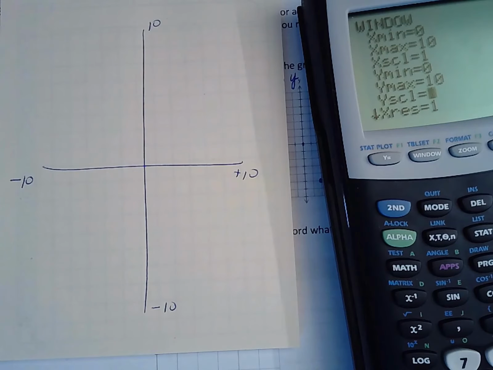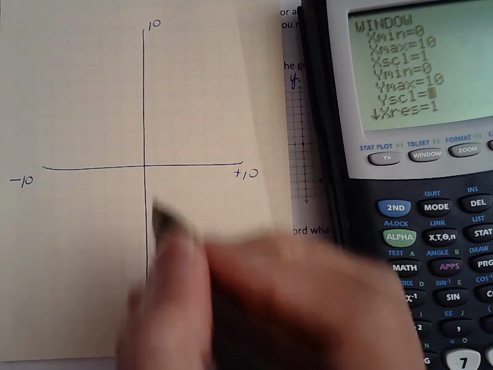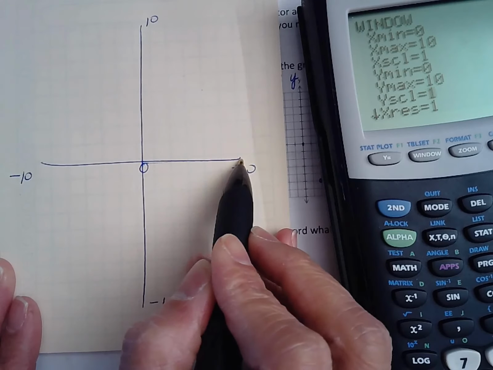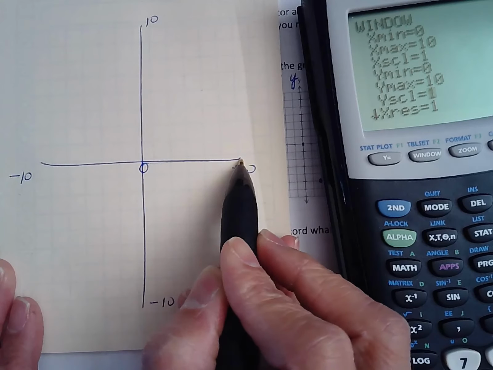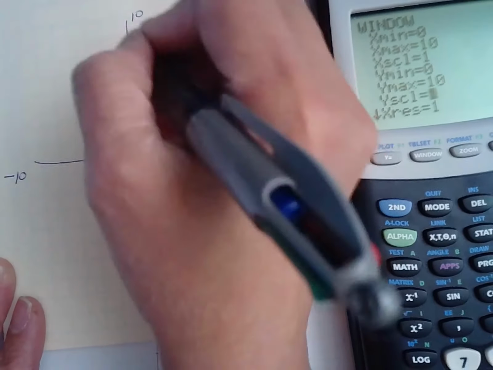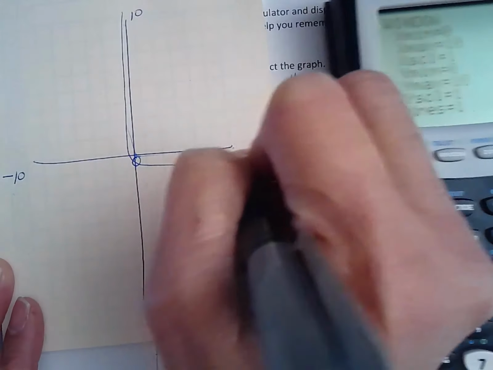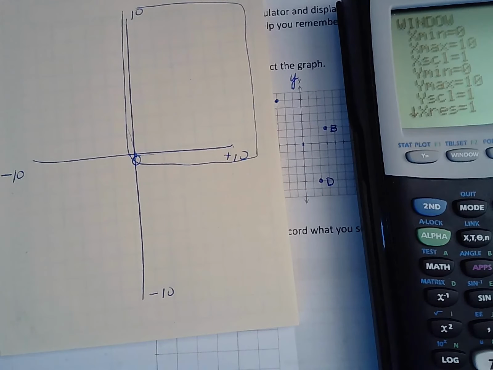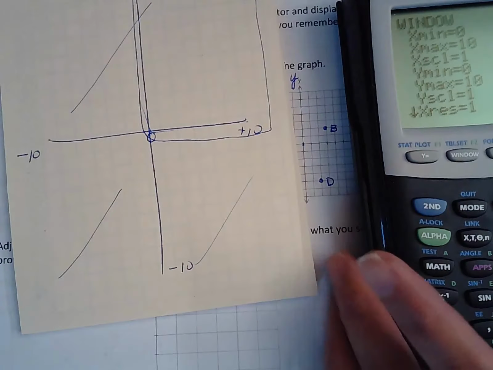But now, where are we starting on the x? 0. We're starting at 0, 0 to 10. And what about the y? We're starting from 0 to 10. So we're actually just focusing on the right only, quadrant 1. Okay. So you won't be able to see quadrant 2 and quadrant 3.